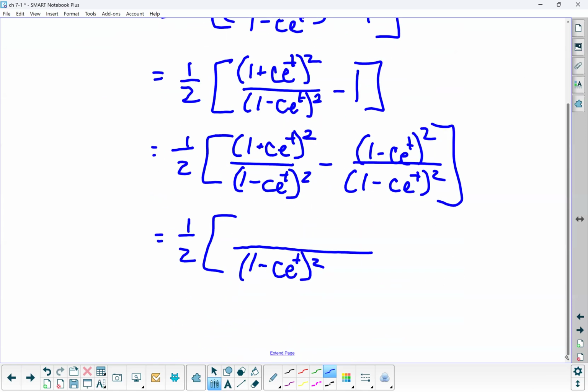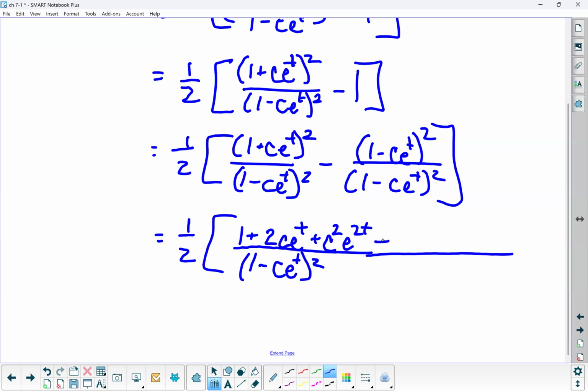I do want to simplify my numerator. So if I multiply this out, I would get 1 squared plus 2 times the product. So that would be 2 times 1 times ce to the t. So that would be 2ce to the t plus c squared e to the 2t.